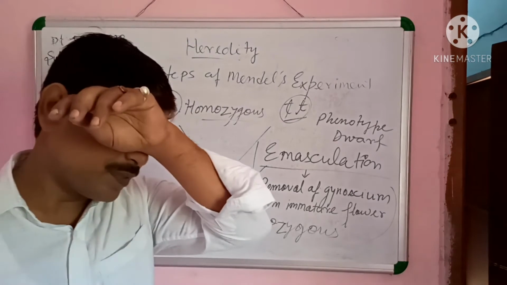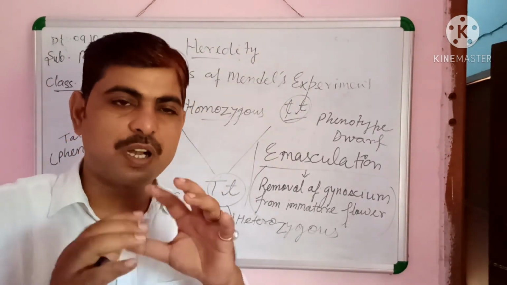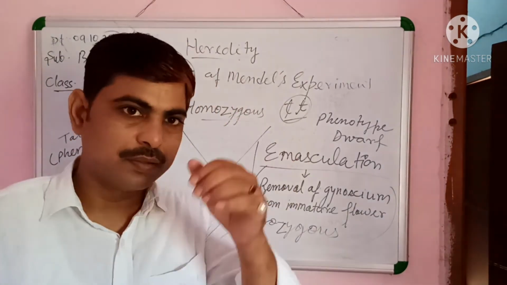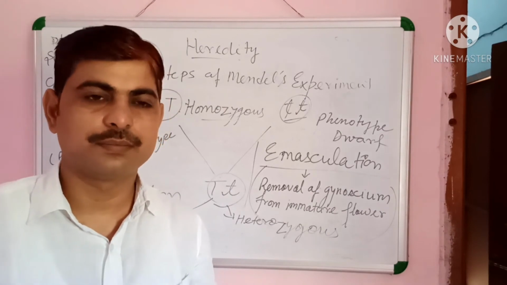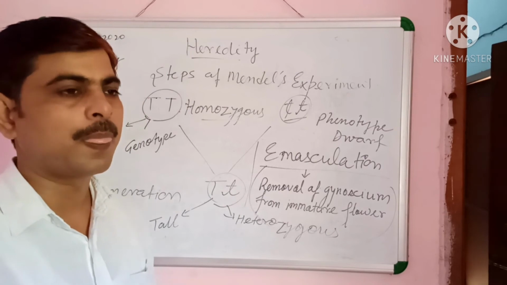After removal, the flower is bagged, means covered, to protect the stigma from pollens of other plants falling on it.